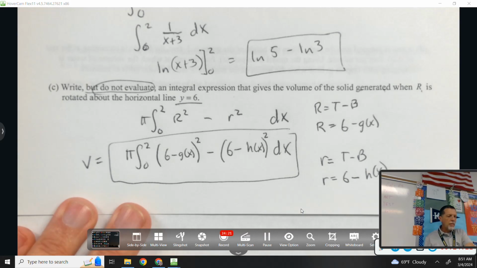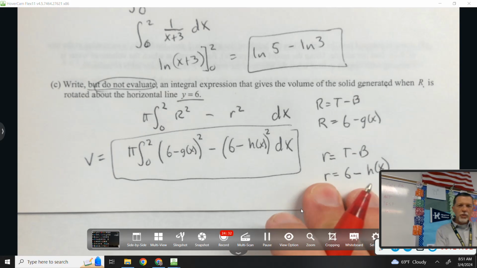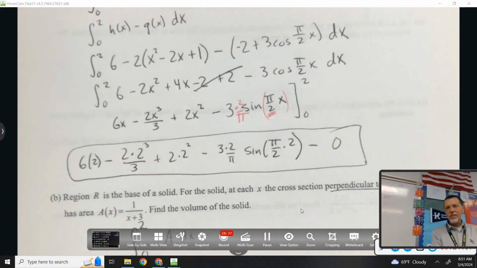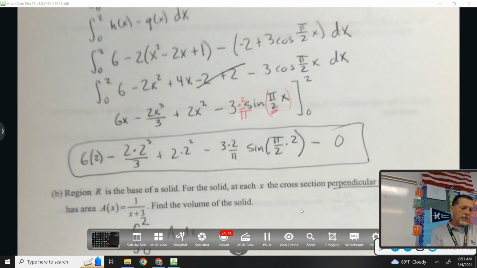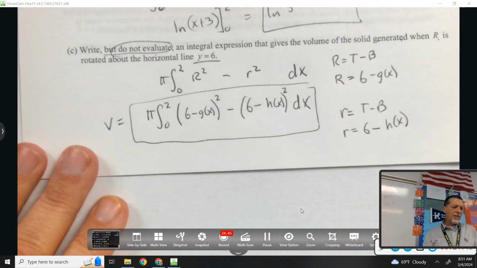So part C might have been the easiest of the bunch for some of you. When you're doing these multiple choice questions or these free response questions, they don't always build on each other. So if you get stuck on A and you're like, man, I get lost in all that antiderivative stuff, keep going, because B really didn't have much to do with A and C didn't have much to do with either one.